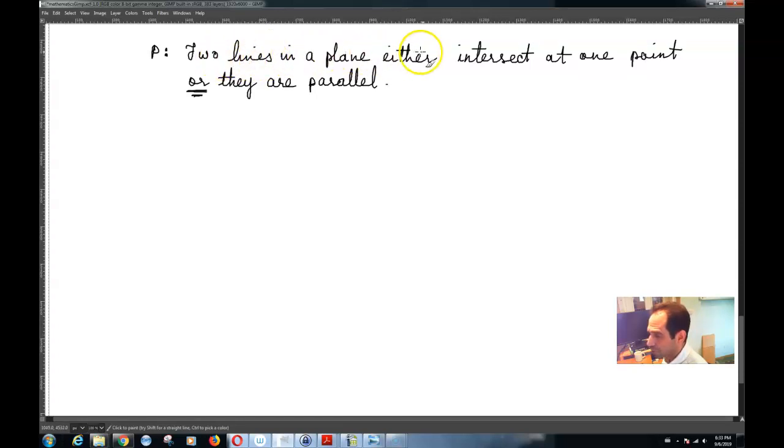Basically, this is of course a compound statement, and you can break it up into two component statements. But before we do that, let's go through the information that we have here, and then if required, we will do other things as well.